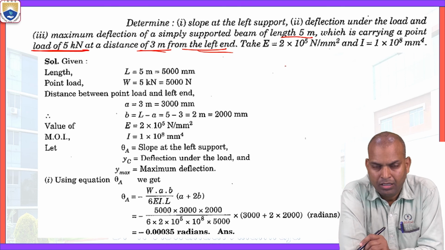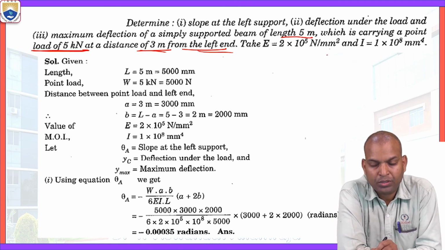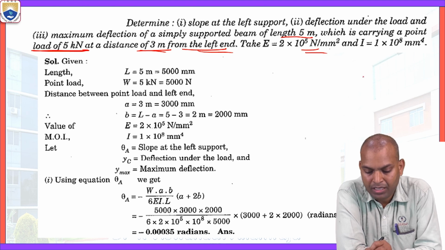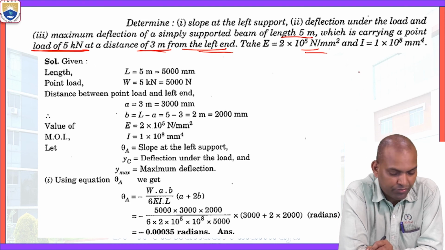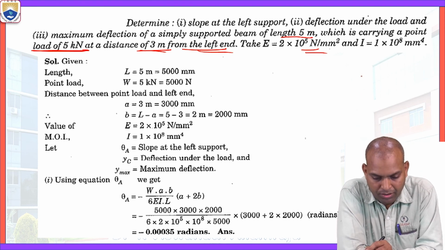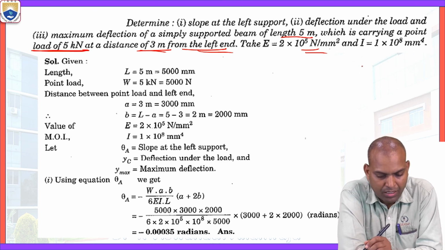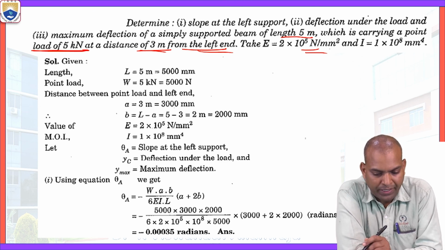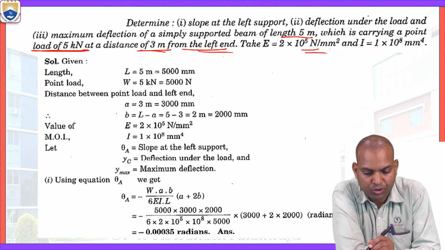Take modulus of elasticity as 2 into 10 power 5 Newton per square millimeter, and moment of inertia I equal to 1 into 10 power 8 millimeter power 4. These are the data given here. How to find the slope at the left support? Because the maximum slope takes place at the left support.